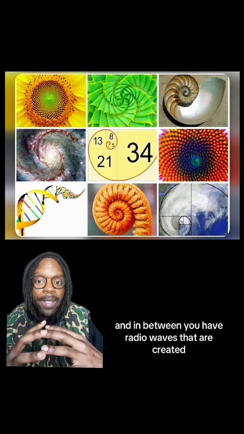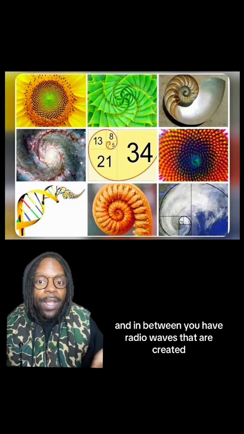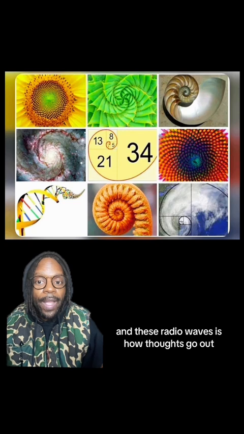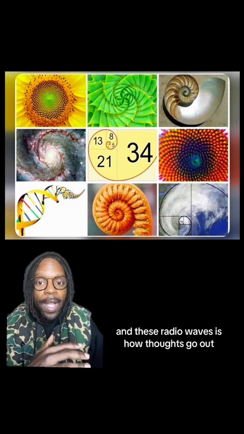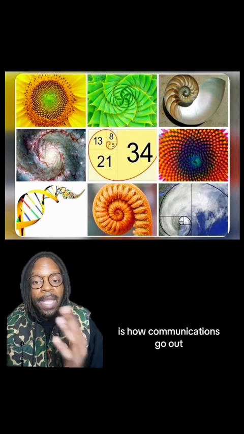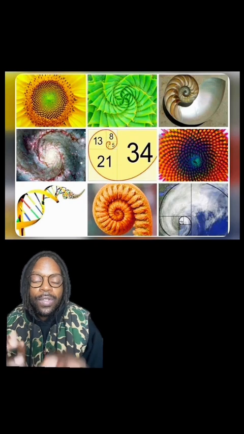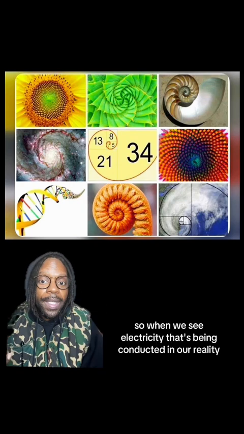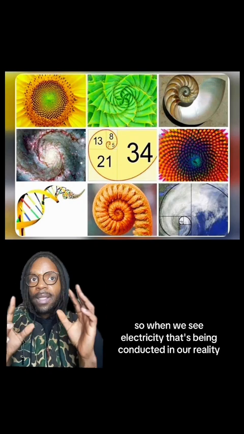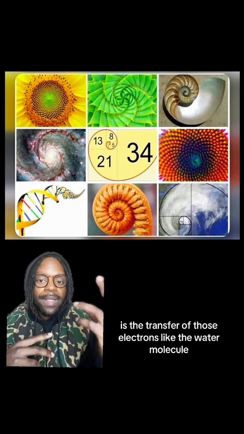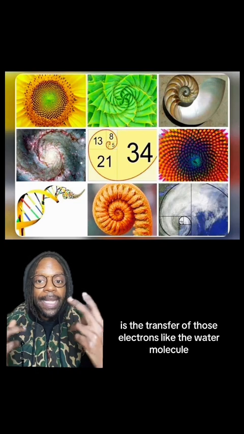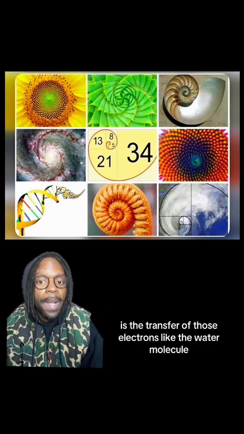And in between, you have radio waves that are created, and these radio waves are how thoughts go out, how communications go out. So when we see electricity being conducted in our reality, it is the transfer of those electrons, like the water molecule.